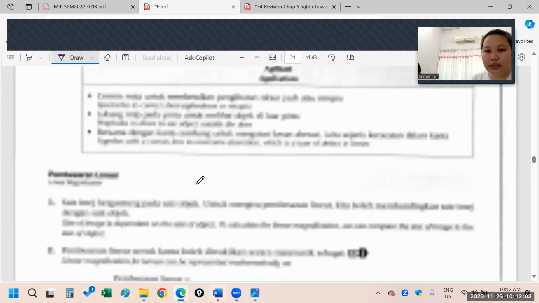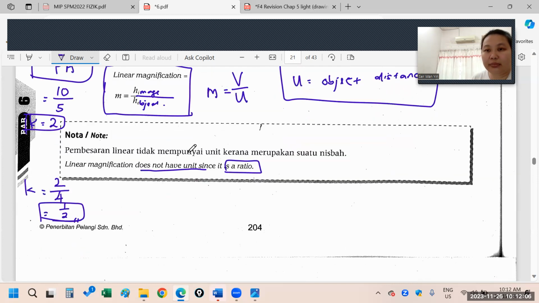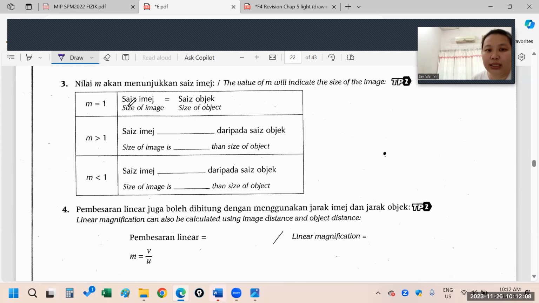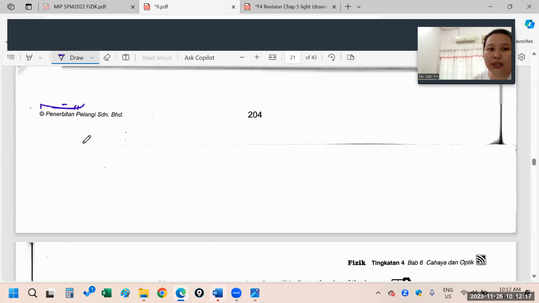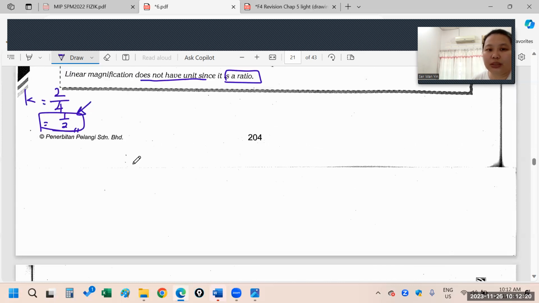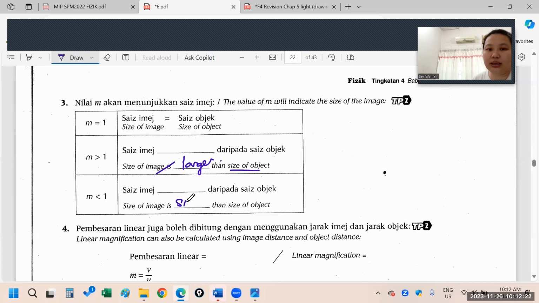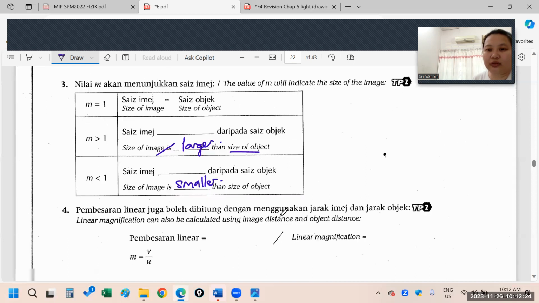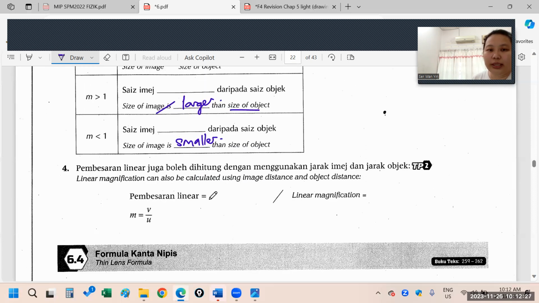Okay, so let's try this linear magnification. We say m bigger than 1 means the size of image is larger than the size of object. M smaller than 1 means image is smaller than the size of object. So we can get the linear magnification as m equals v over u and also equals hi over ho.